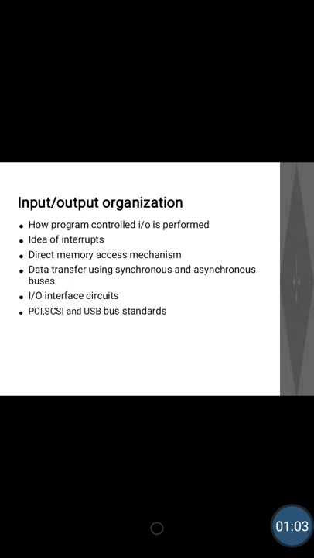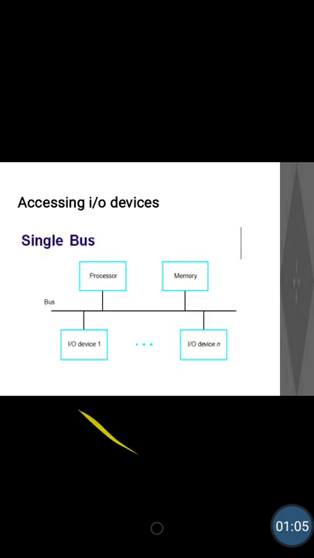So now in this video I will be discussing the first concept, that is accessing of the input-output devices. The most basic feature of a computer is the ability to exchange data with other devices.